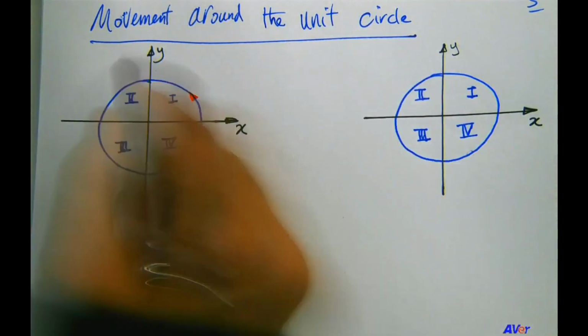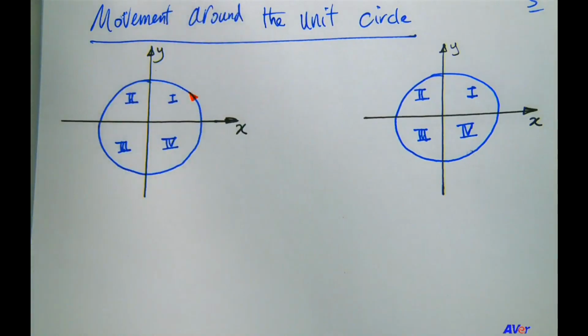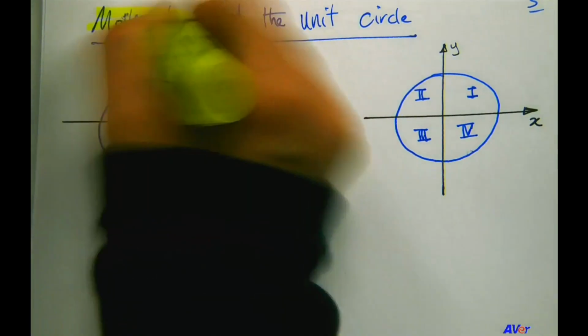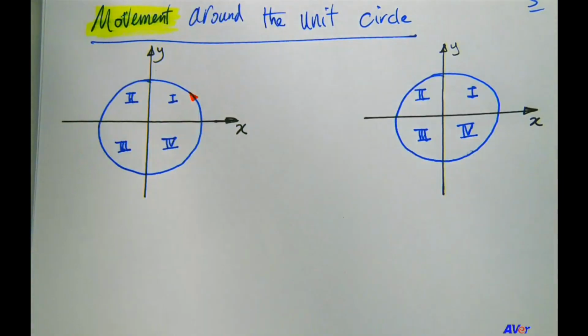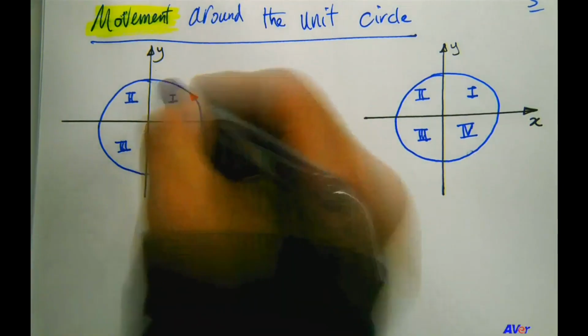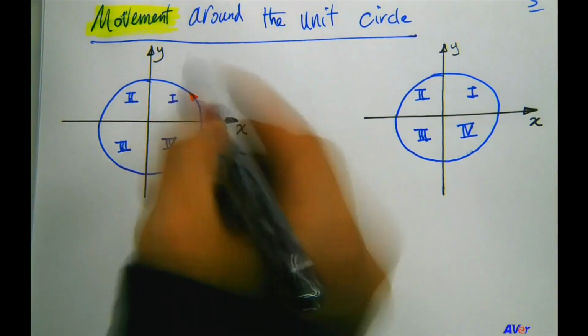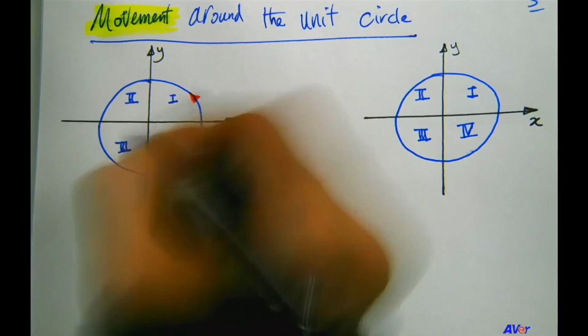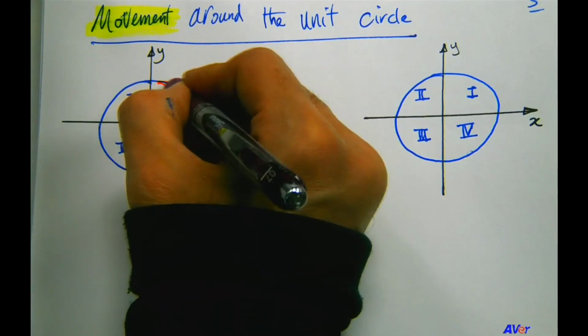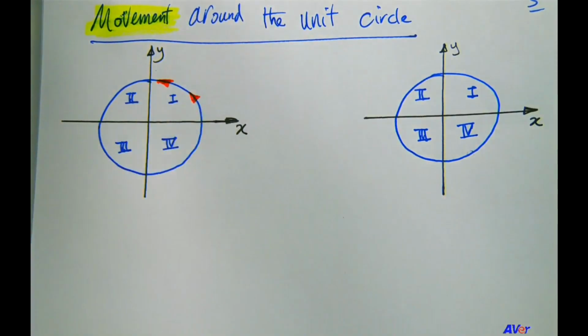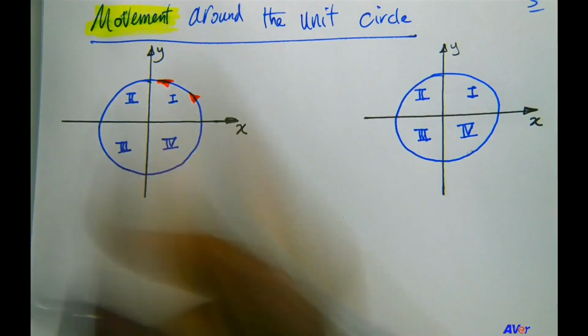So we're talking about movement, right? The key word here is movement. If we're moving counterclockwise, as I've drawn these arrows, then that means that we're moving in the positive direction.